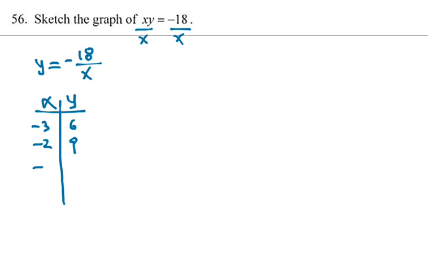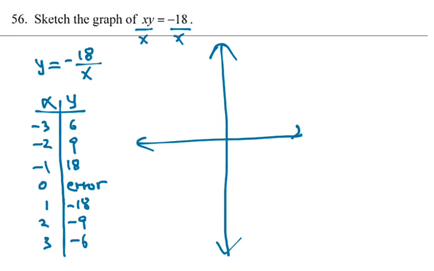For example, when x was equal to negative 3, then y value was equal to 6. And when x value was equal to negative 2, y value was 9. And so forth and so on. But when you plug in 0 in place of x, it will probably say error, and we'll see about that graphically very soon. And 1 with negative 18, so forth and so on.